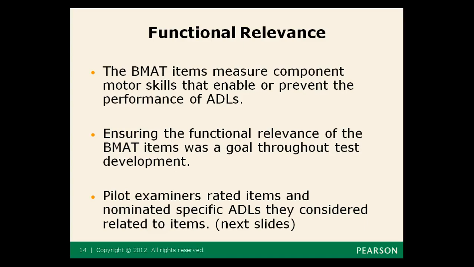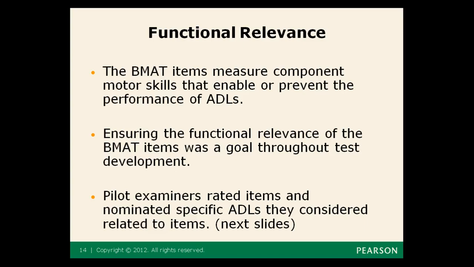During the pilot phase of the test development, examiners administering the BMAT completed a feedback form that asked several questions about each test item. One question asked examiners to rate the extent to which performance on the item appeared to be related to the ability to perform ADLs. The item selection for the final test was based partly on those ratings.